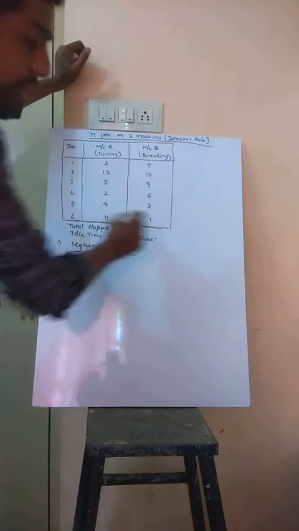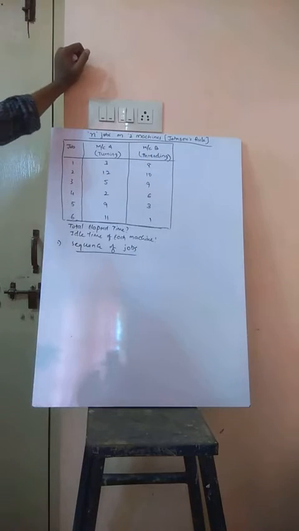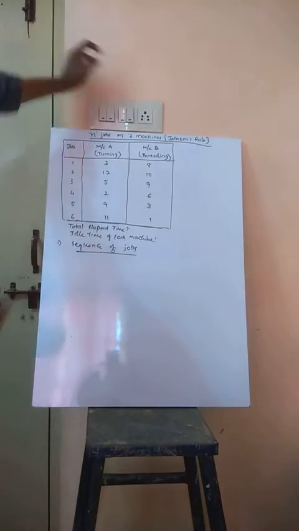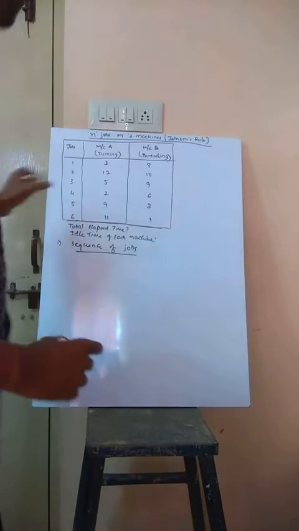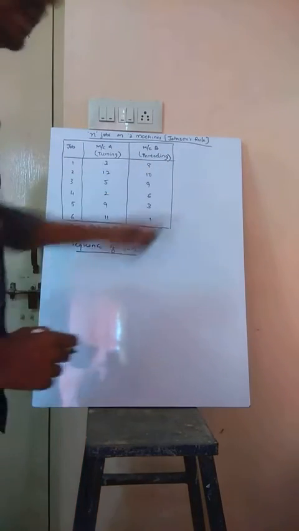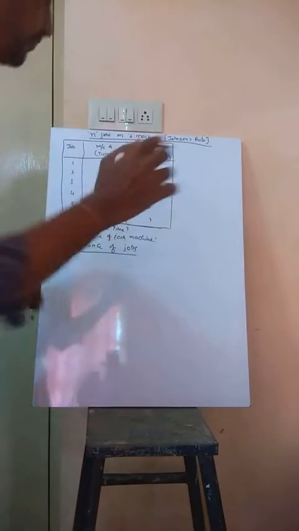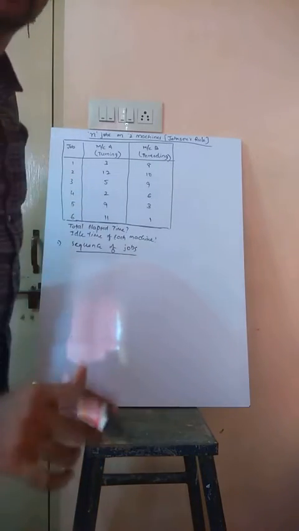First, you need to look into the least processing time. What is the least processing time? Among these values it is 1. 1 is the least processing time, and this is for job 6 on machine B. This must be considered first as per Johnson's rule.